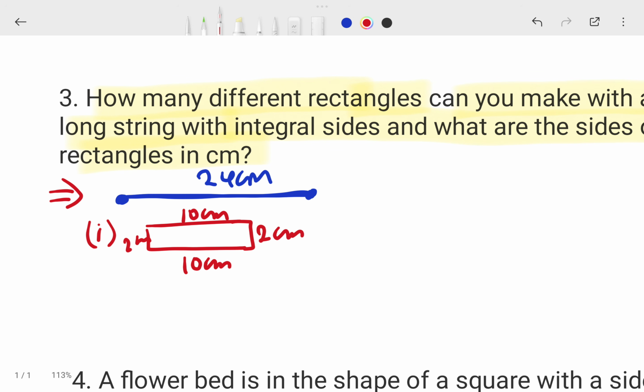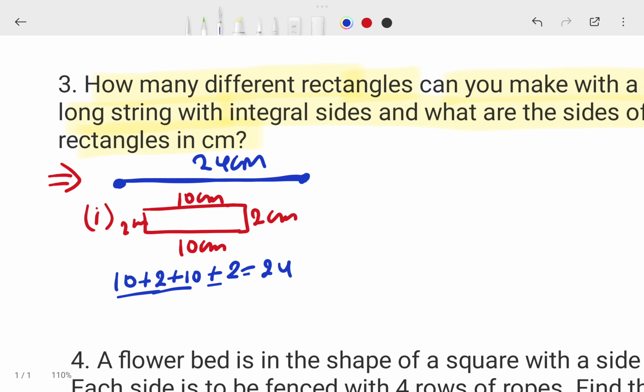So this is 10 plus 2 plus 10 plus 2. Now if you add, 12, 22, 24, so the answer is 24. So we use 10 and 2, and we make our first rectangle.